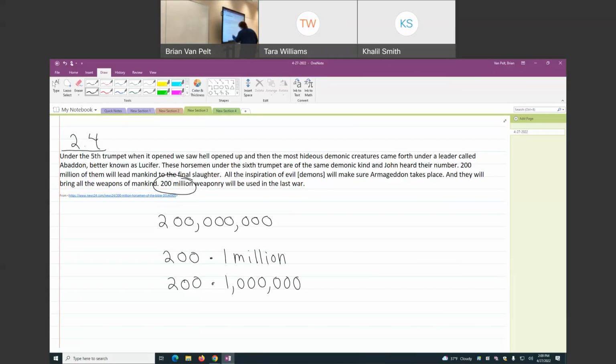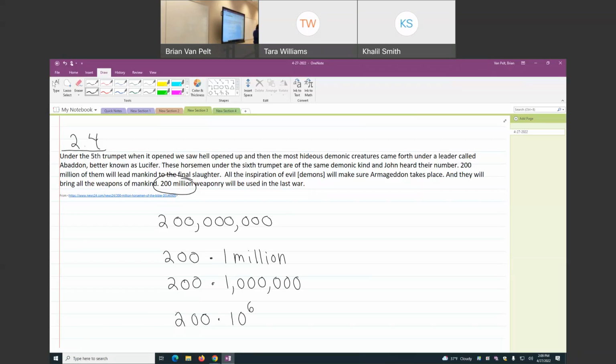Or, let me do one last thing to it. 200 times 10 raised to the 6th power. I'll pause there. You should have known we get exponents involved in this thing somehow. And do you agree that 1 million is equal to 10 raised to the 6th power?